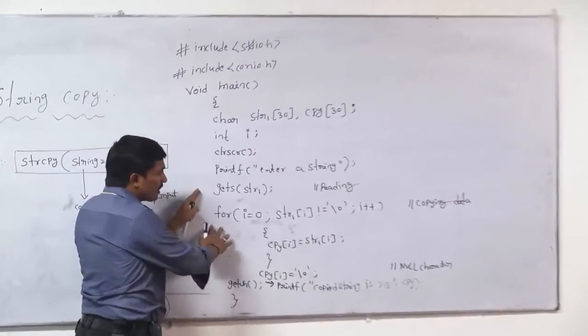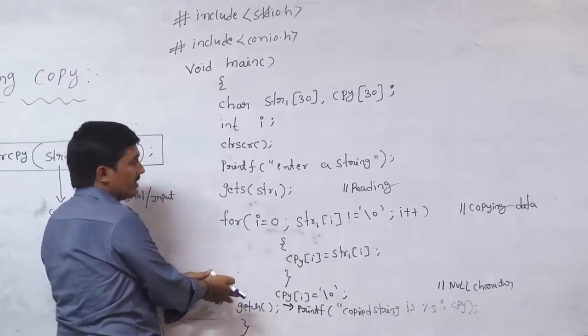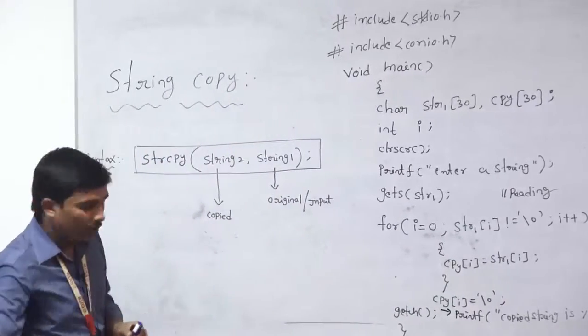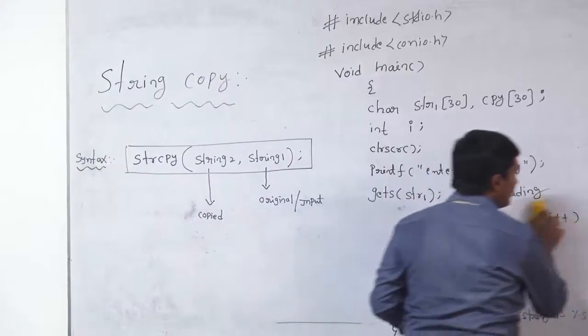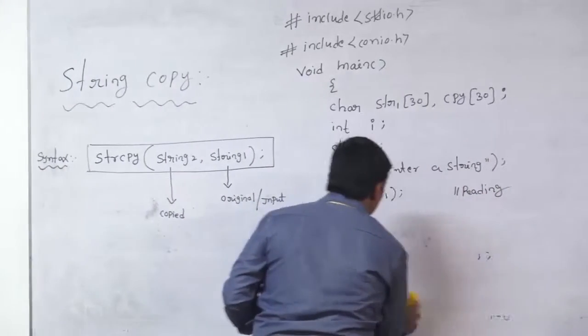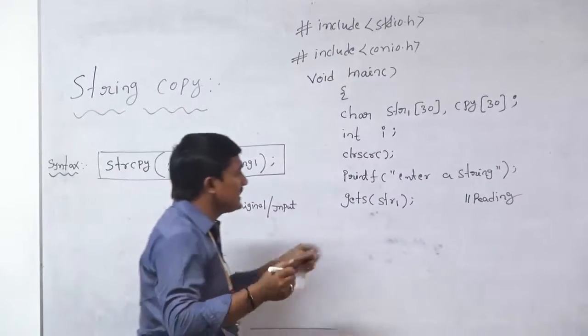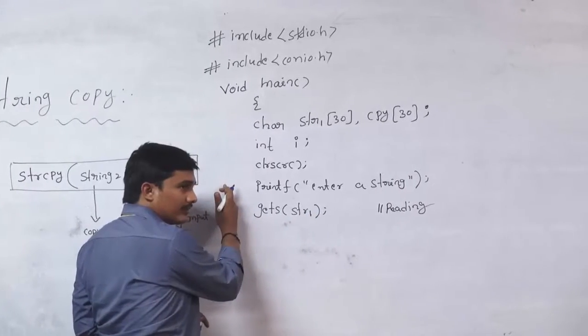Now your job is to convert the same program by using the predefined function. This is without; now we are going to do with. So within the whole program, up to reading the input, is it the same or different? It is common. After getting the input from the keyboard, your job is to copy the string into which one?